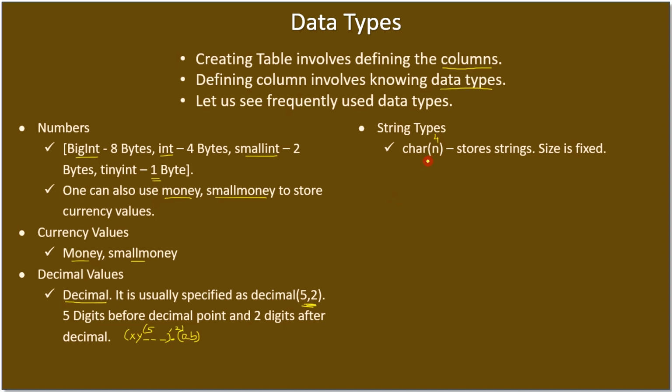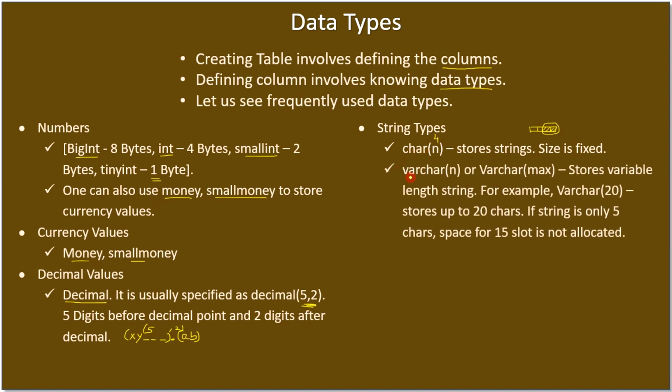Even if you store only 2, this is a fixed size, and the unused 2 spaces will still be reserved for later update. Suppose you update it to have 3 characters, then this reserved space will be used. So char(n) always reserves the claimed space. Here 4 means it will reserve 4 slots.